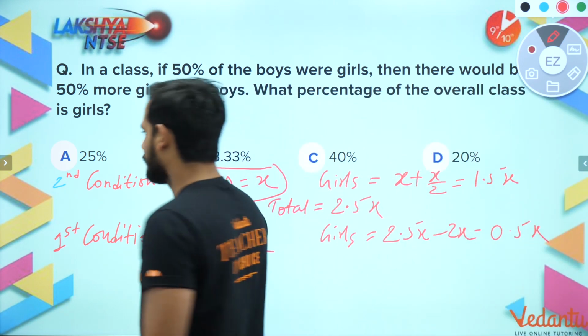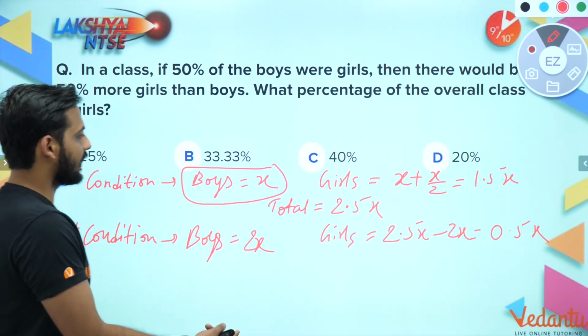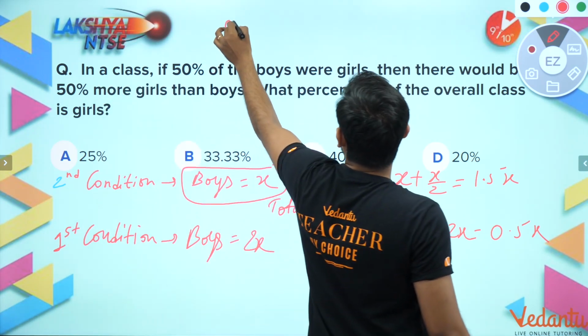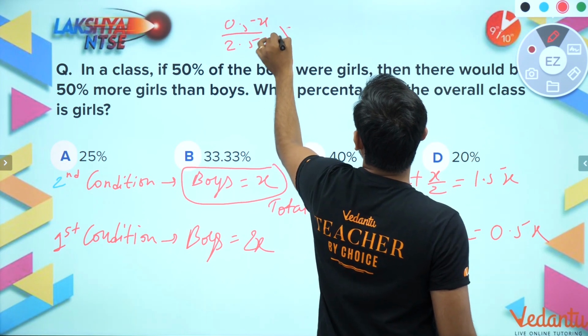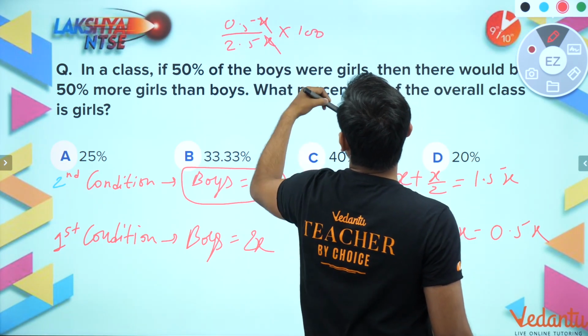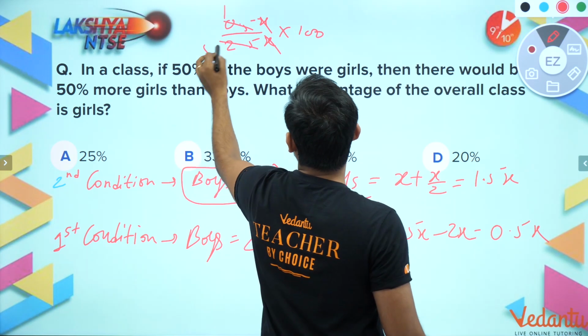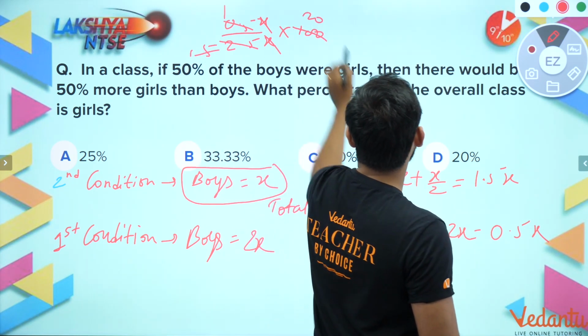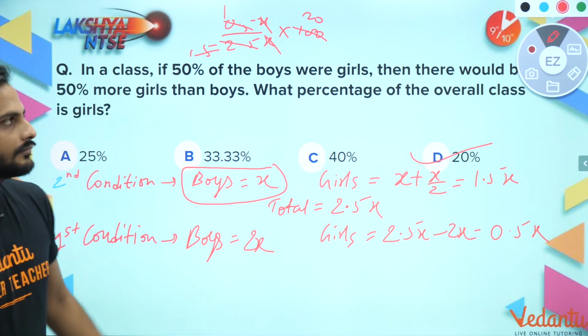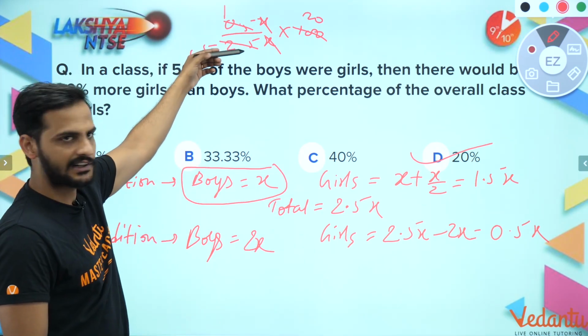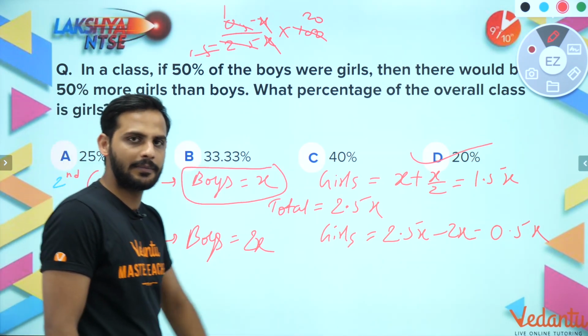Correct? Right? Correct. So what percentage of overall class is girls? So you can say 0.5x upon 2.5x into 100. x to x got cancelled, upon 1 upon 5, 5 ones are 5, 20 times, 20%. Number of girls upon total class into 100, found out the percentage.